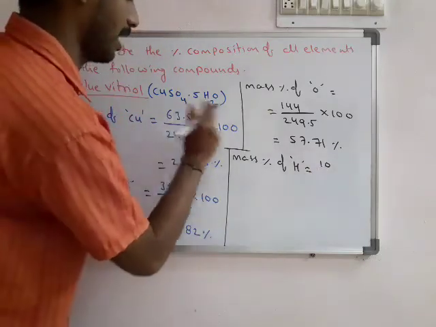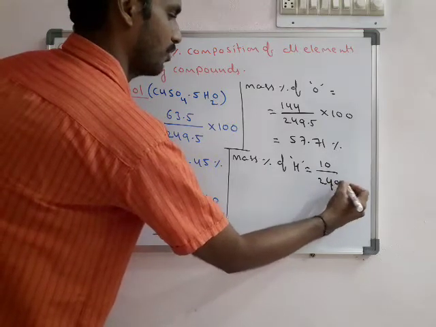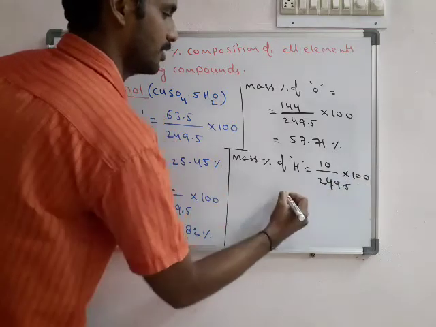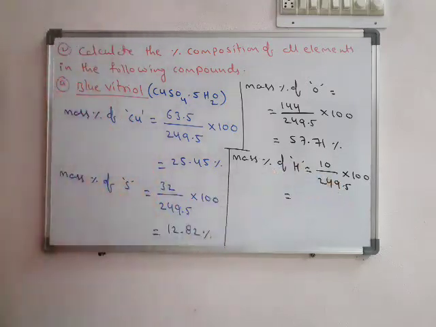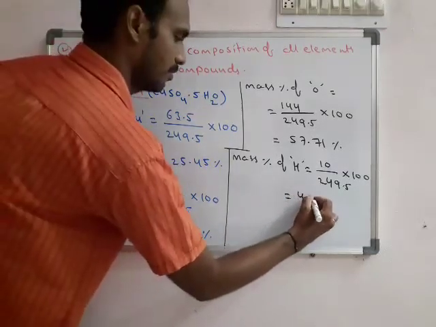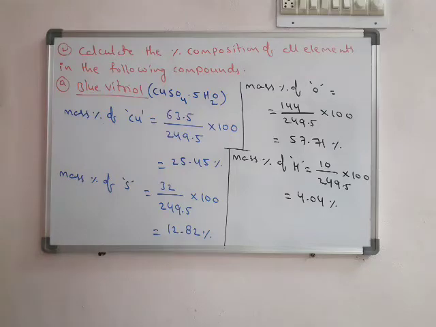So by the same method, 10 divided by 249.5 into 100. On further calculation we will get 4.04%. So this is the mass percentage of hydrogen.